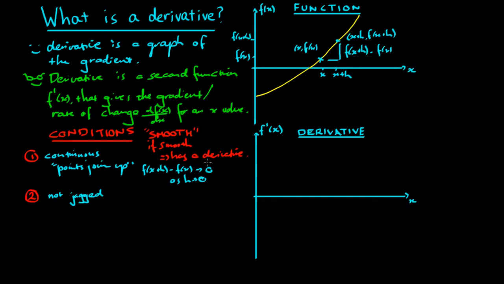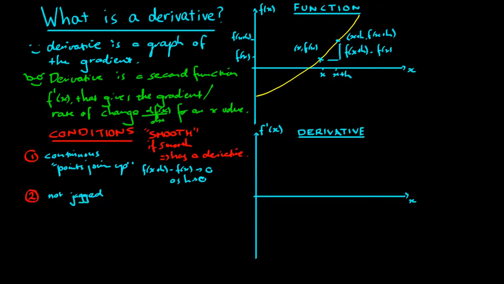And that's saying as I make h very small, which is h tending to 0, then the difference here will also become very small, because this point up here will move further towards the other point until they're basically on top of each other.